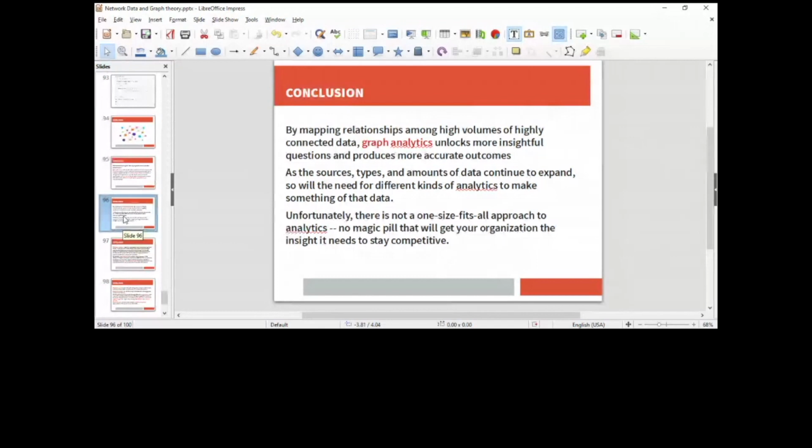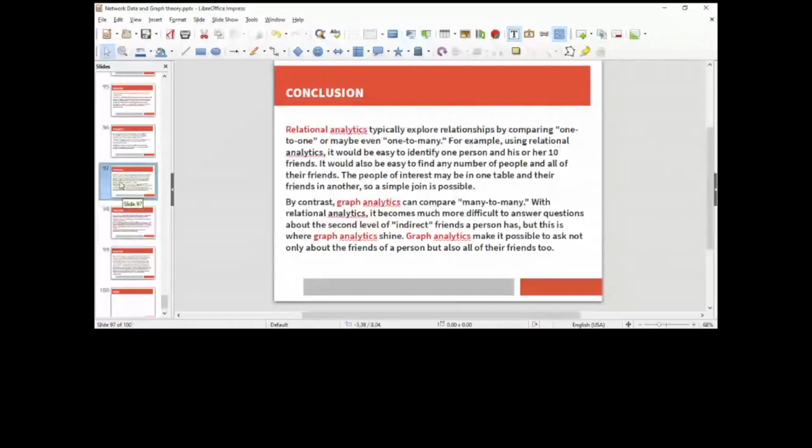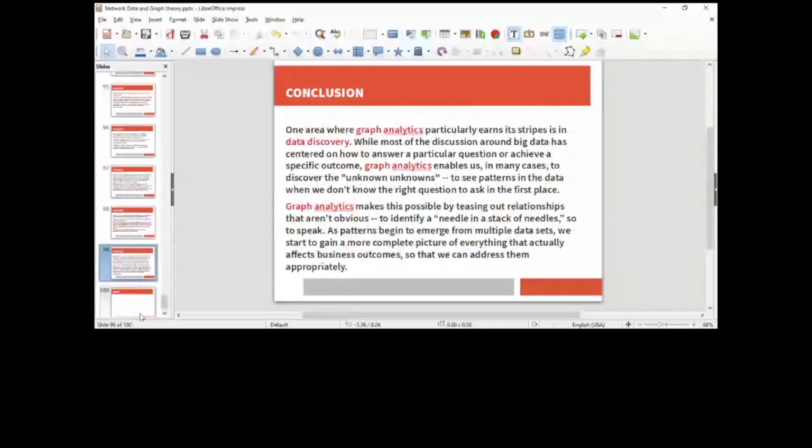So there is that comparison between relational analytics, which is what we do with SQL, because it has a lot of one-to-one relationship or one-to-many relationship. But graph analytics is based on a many-to-many relationship. So they are totally different. So relational analytics restricts you. Graph analytics extends. So that's why it's very powerful. So we should really take it seriously and then use it to solve problems.